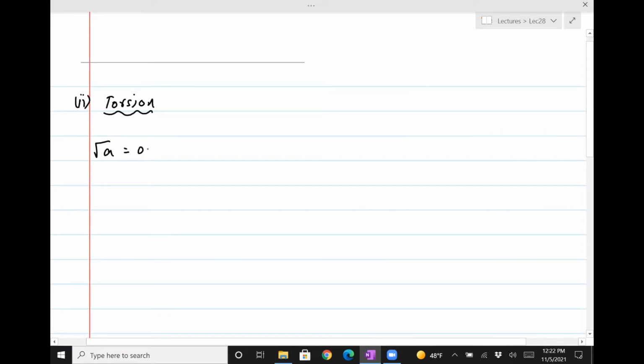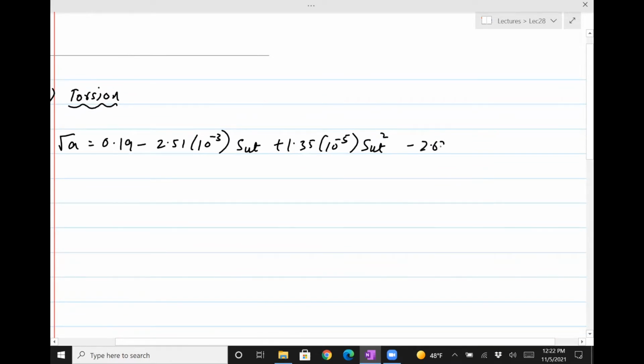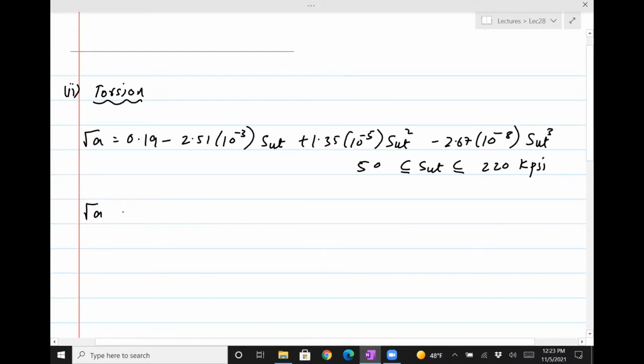Square root of a is 0.19 minus 2.51 times 10 to the negative 3 times S_ut, plus 1.35 times 10 to the negative 5 times S_ut squared, minus 2.67 times 10 to the negative 8 times S_ut cubed, and that's when S_ut is between 50 and 220 kpsi.